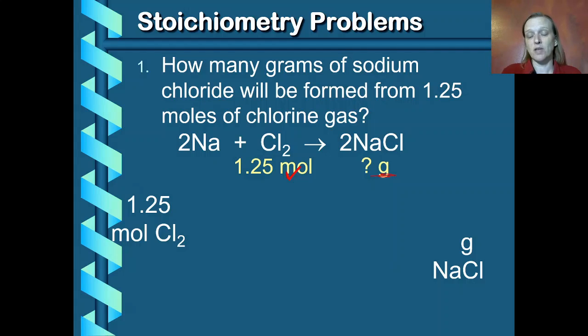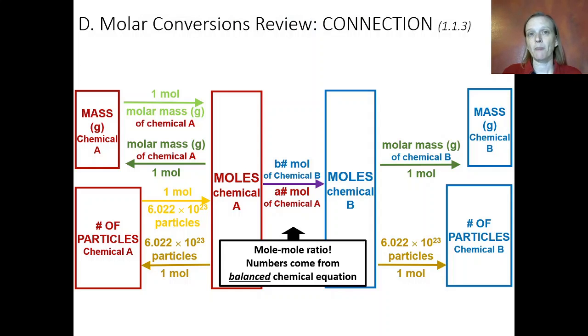So what are those two steps? Here again, we can look at our starting point and our ending point and count the arrows and see how many steps this takes. I'm given moles of a substance. So this is my starting point, and I'm trying to convert to grams of a different substance. So my ending point is the mass of a different substance.